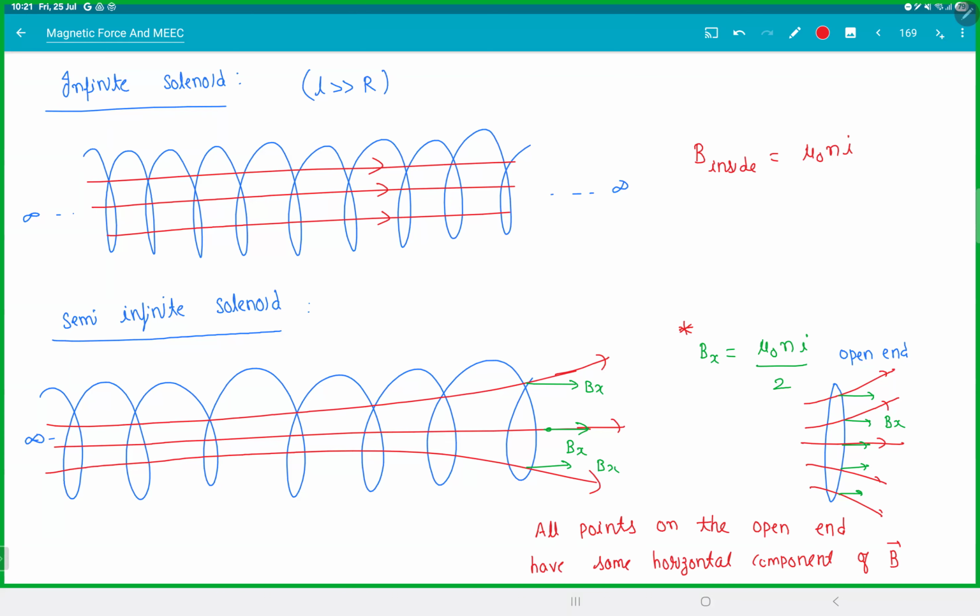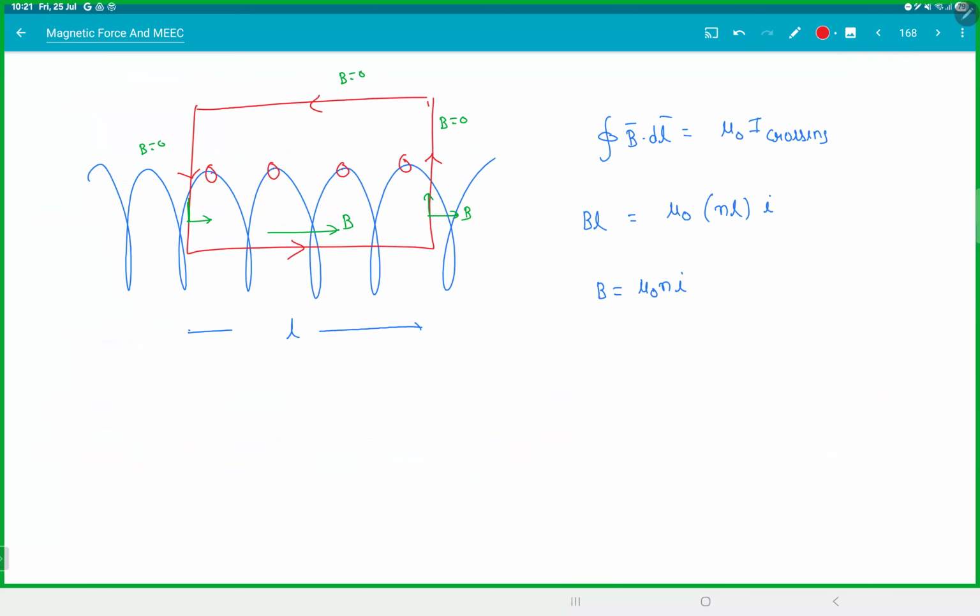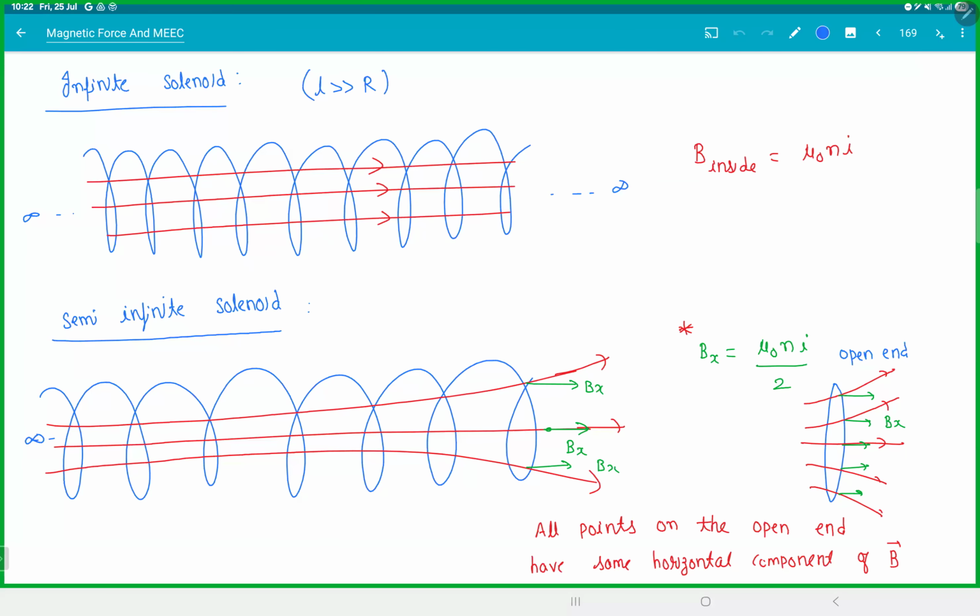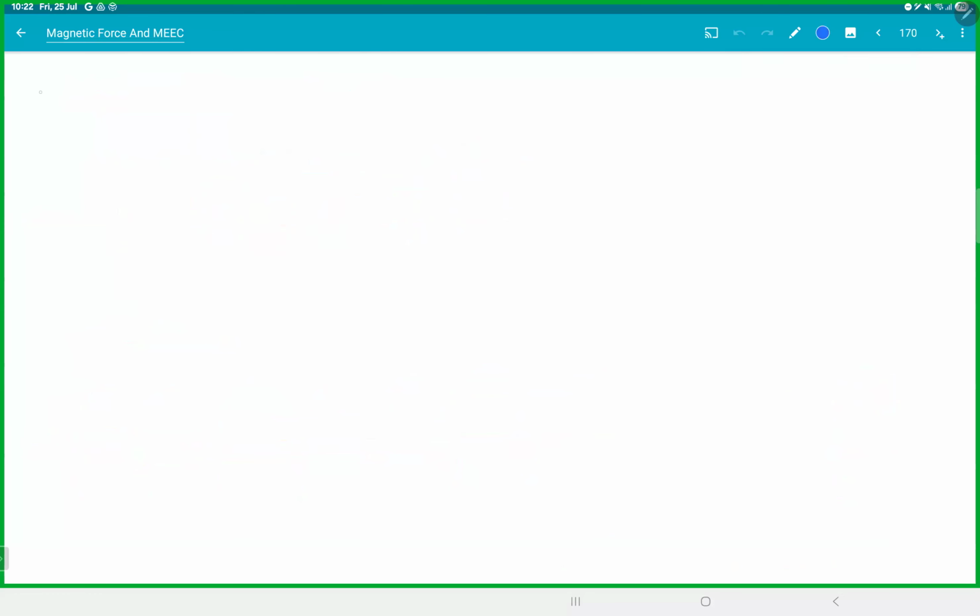Next one. So let's say we have an infinite solenoid.